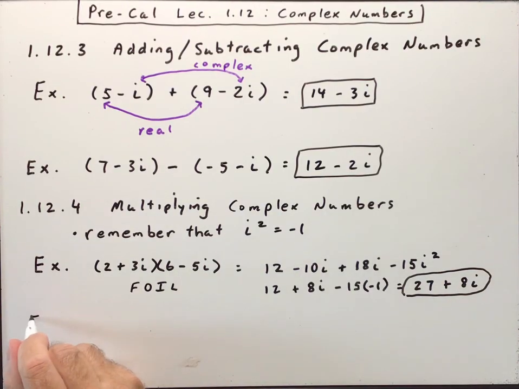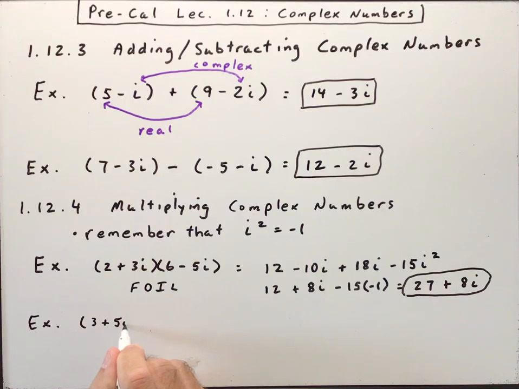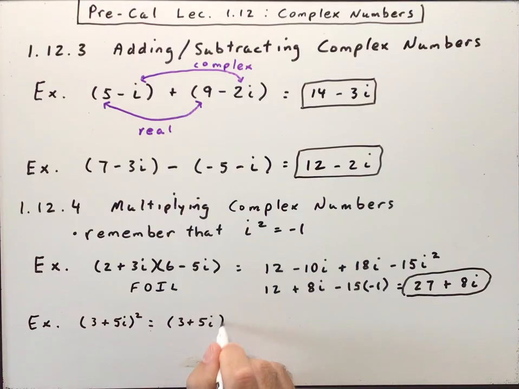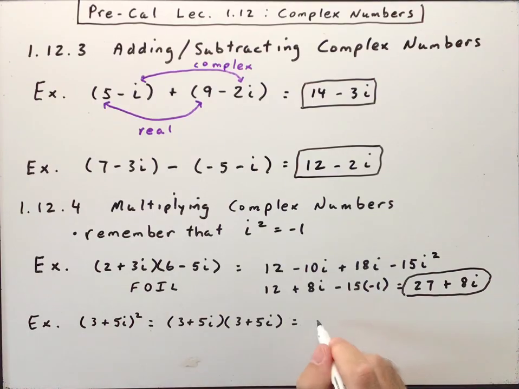All right, and another quick example. Let's say we want to expand (3 plus 5i) all squared. So that's going to be (3 plus 5i) times (3 plus 5i). It's going to be 3 times 3 is 9, plus 15i plus another 15i, so that's plus 30i.